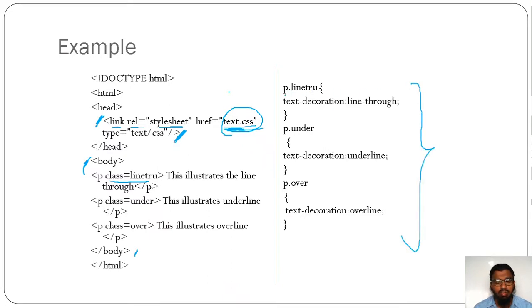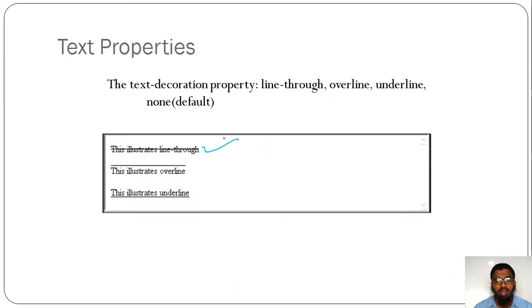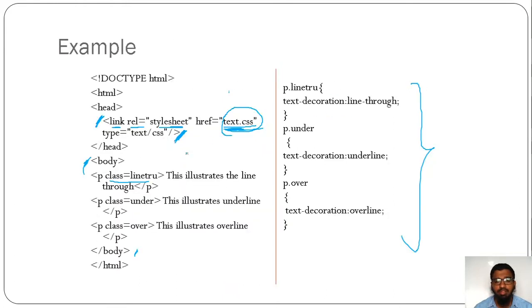It is already written as p.line-through. Whenever it is called, you need to apply text-decoration line-through, which means the text will be cut like this, strike through. This is the code for the first one, line-through.